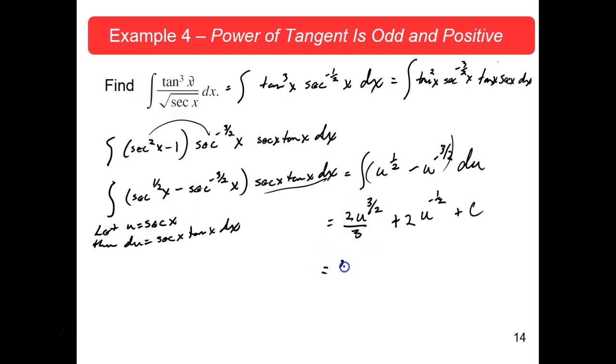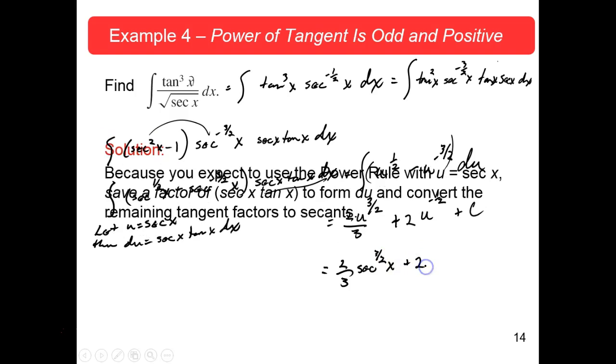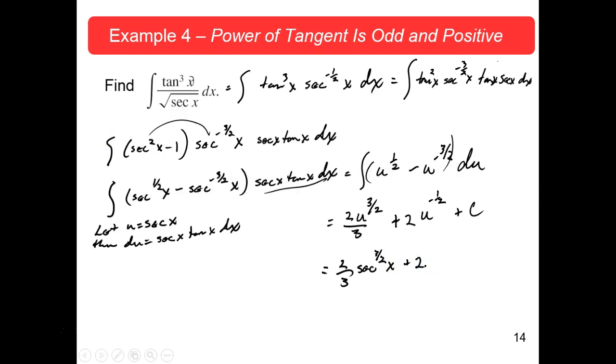That's equal to 2/3 secant to the 3/2 x plus 2, you can write it to the negative 1/2 or 1/2 or whatever. I think I'd just assume this way, secant to the 1/2. Or you can leave it as negative 2/3. I don't really care. And then plus c.